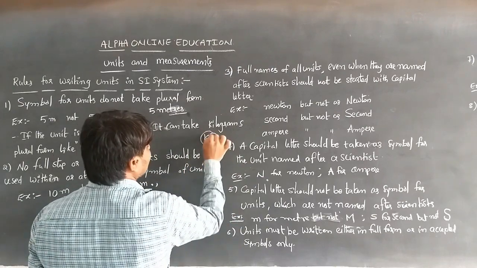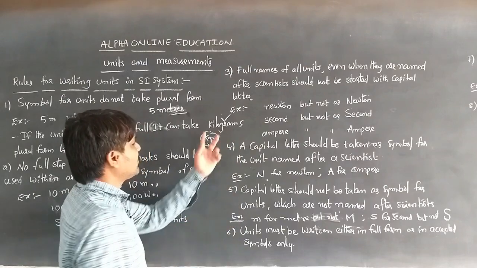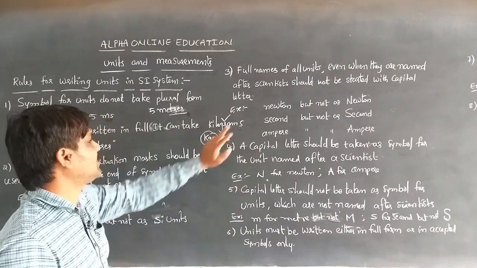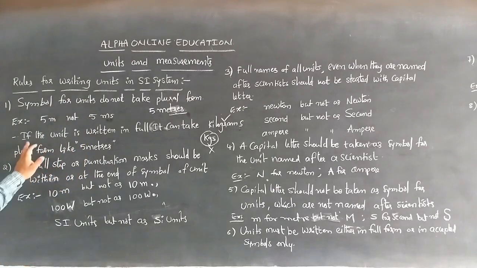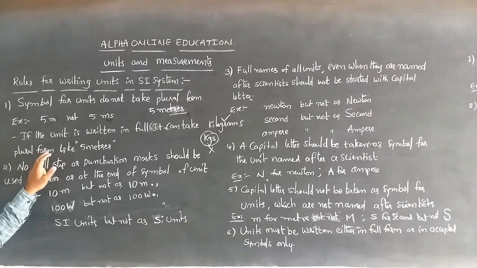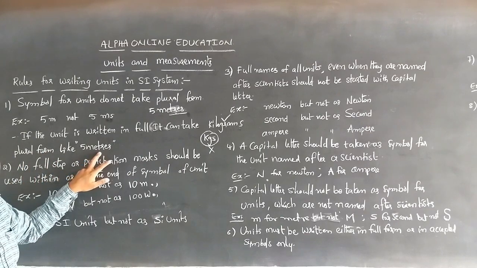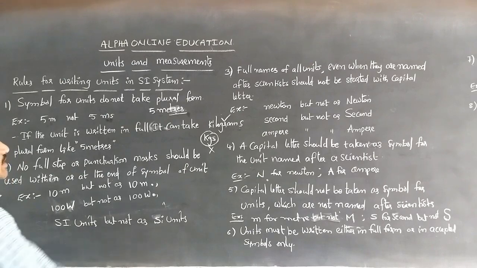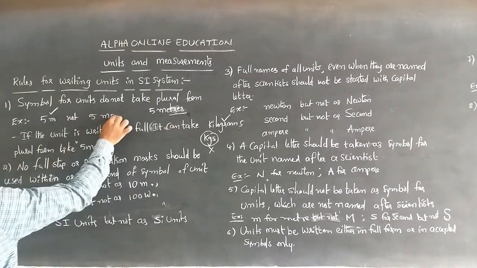This will be false and this will be true. Whenever we are writing the full name, then only the plural form is allowed, otherwise it cannot take the plural form. If the unit is written in full, it can take a plural form like 5 meters. If you use the symbol, then it can't; this will be perfect and this will be the wrong thing.